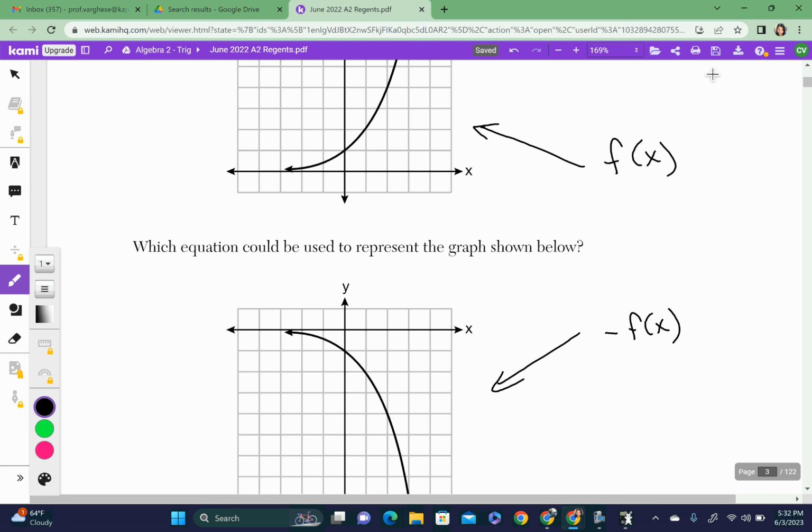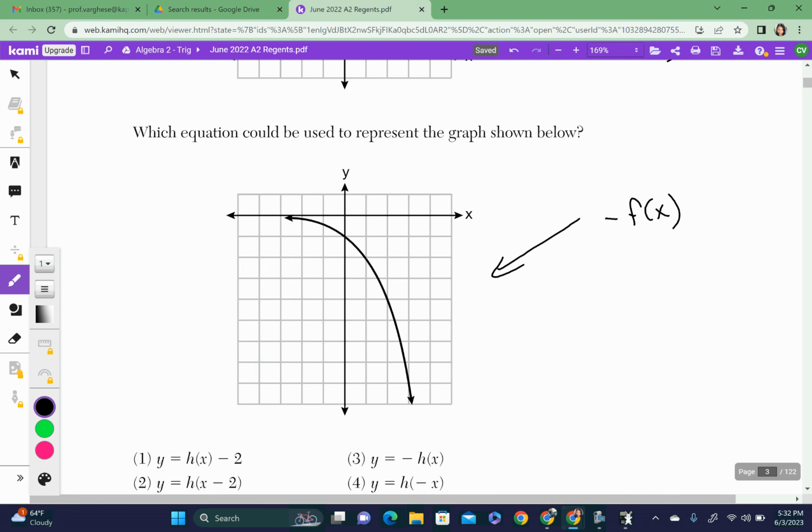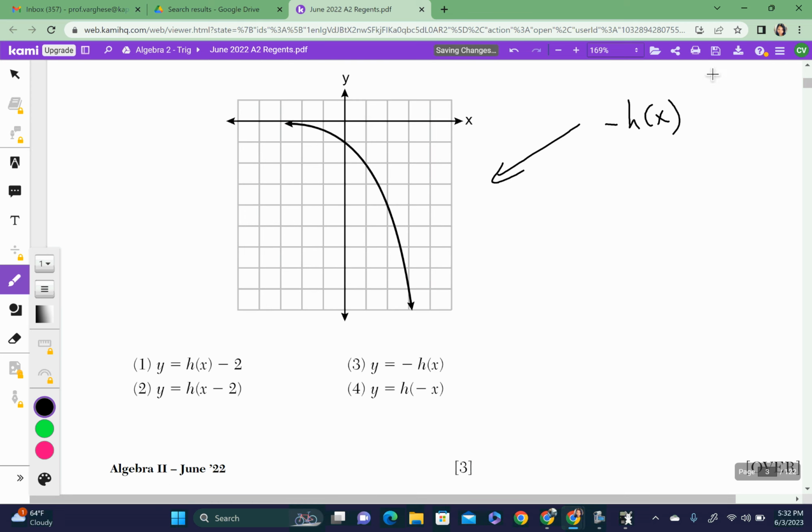I kind of remember it as this is out, and what is out of my life? My x's are out of my life. So it gets flipped over the x-axis. So let's see. So the original is called h of x. So instead of f, let's call this h. So this one right here is going to be a negative h of x, because that's what they're calling it. They're not calling it f, and that represents number 3.